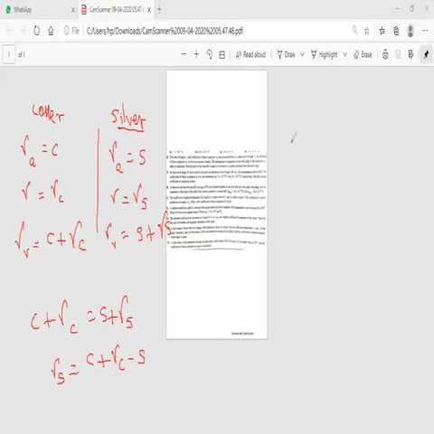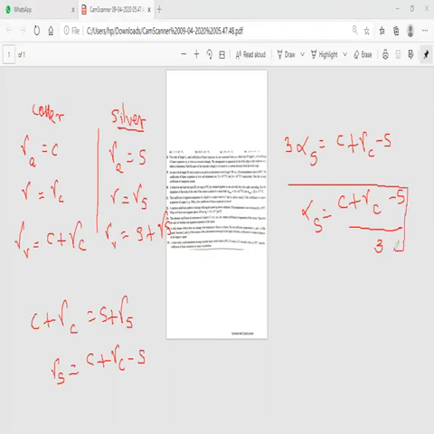Gamma can be written as 3 alpha for a solid. So it will be C plus gamma C minus S, and finally the answer for alpha S is equal to C plus gamma C minus S divided by 3. So this is the formula they are asking for, alpha S. Okay, so this is the solution for question number 11.